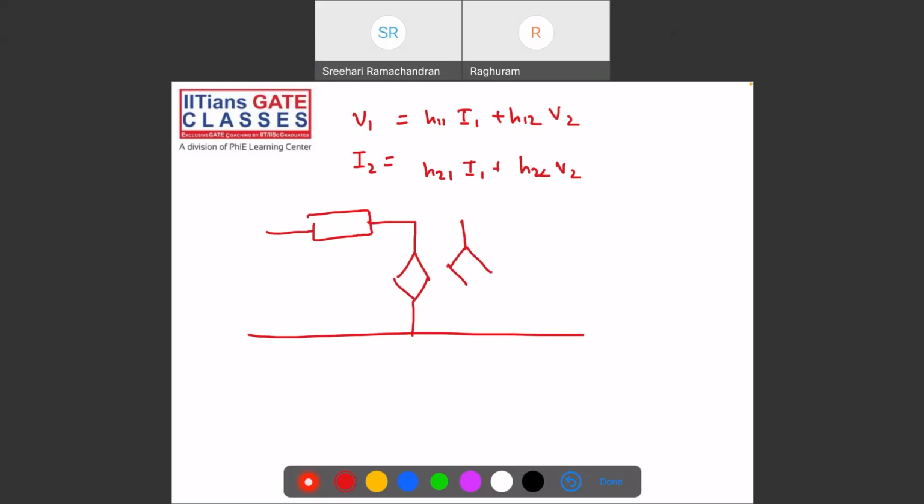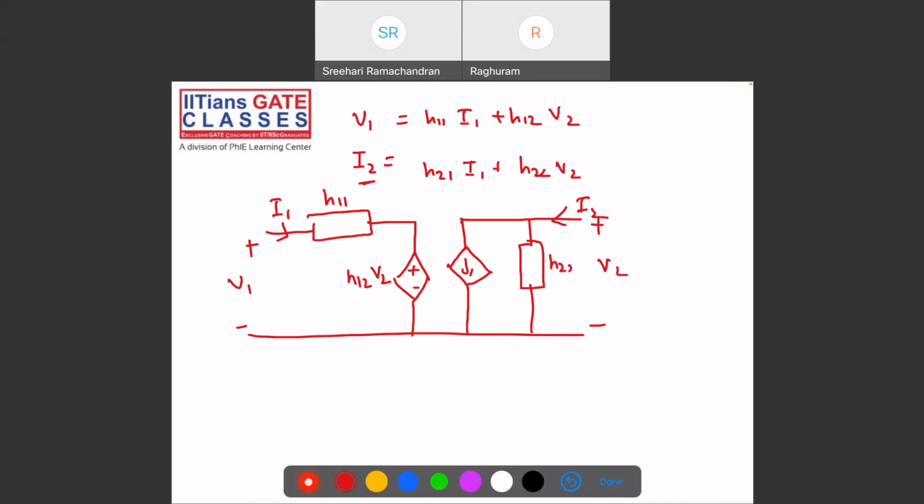You'll have plus minus V2, I2, I1, V1. This is a voltage source, this is H11 I1, and this is H12 V2. It's a voltage dependent voltage source whose value depends upon this value. Here the current is getting divided. This is H22 and this is H21 I1. You are able to understand how I am writing this generalized circuit.